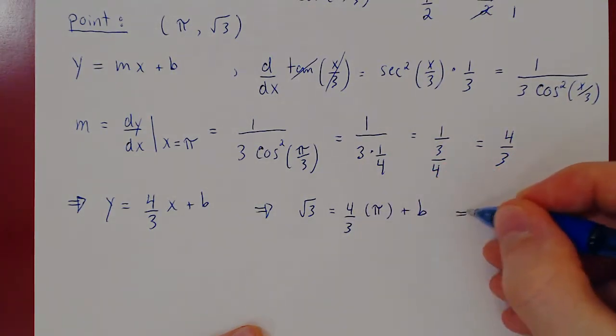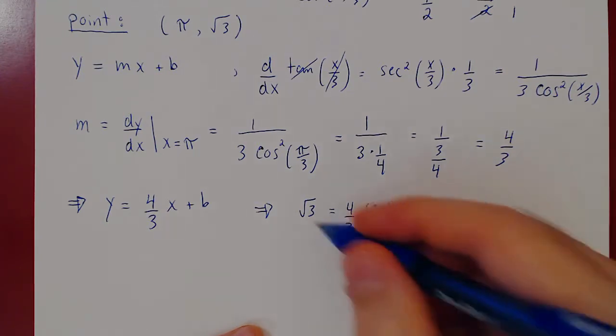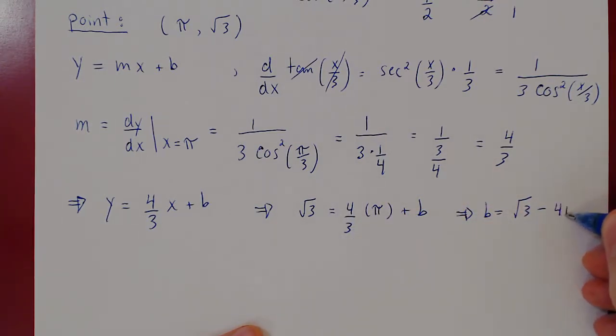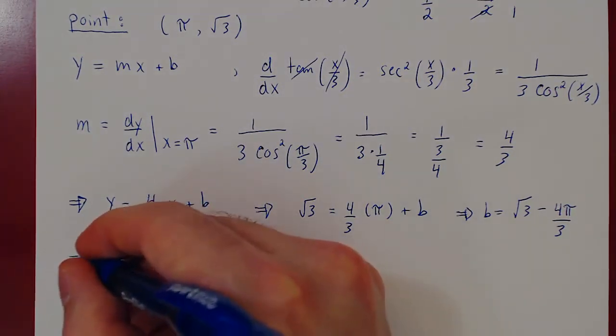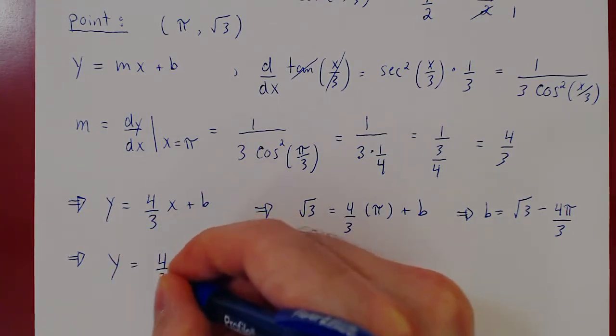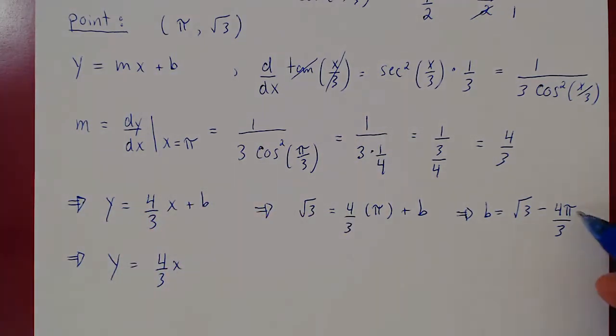And then we can simply solve for b by doing root 3 minus 4 pi over 3. And so there you have it. We can write the final answer. So the tangent line is equal to 4/3 x plus b, and here's b, root 3 minus 4 pi over 3.